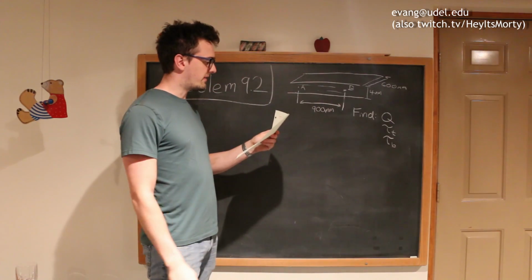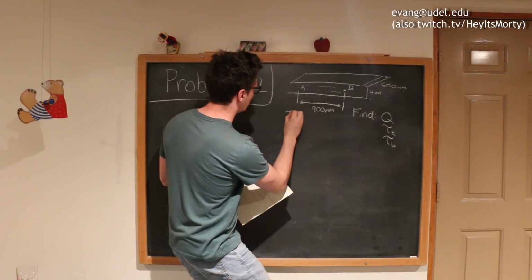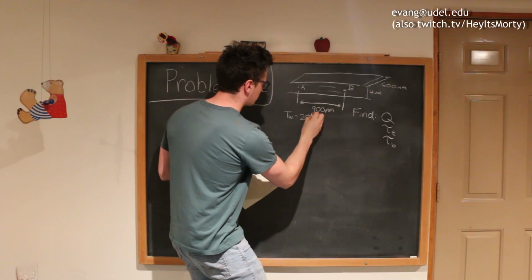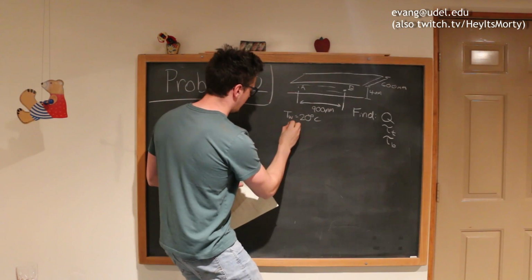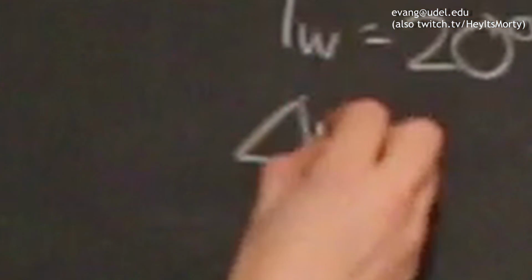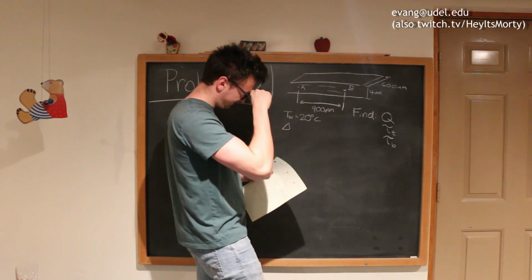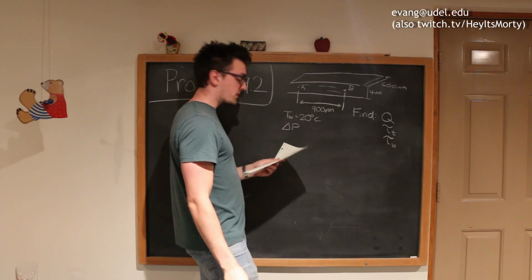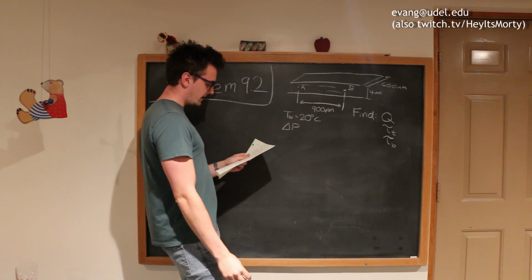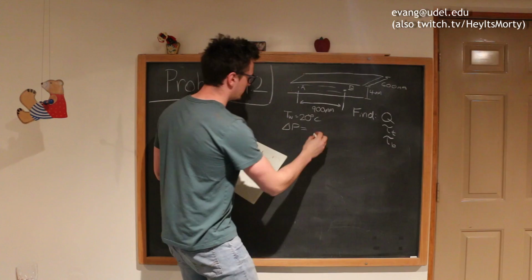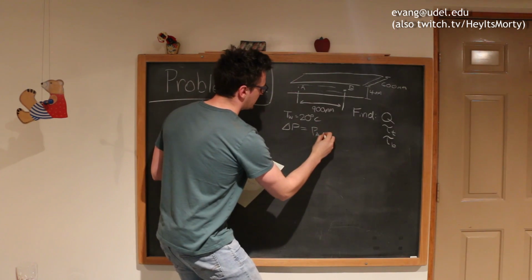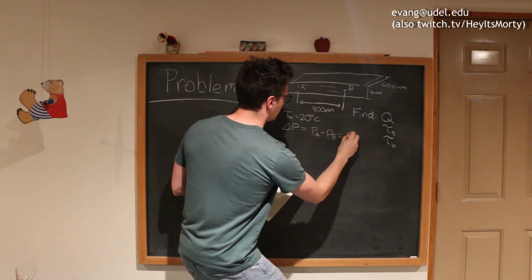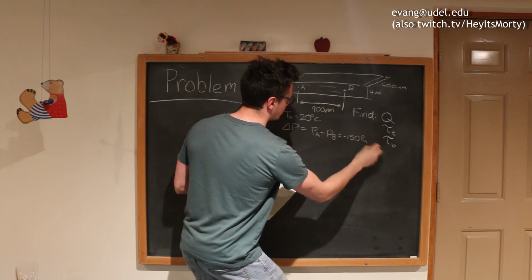Oh wait, sorry, one last important thing I forgot to mention. We're given that the temperature of the water is 20 degrees Celsius, and we're told that the pressure differential between A and B, delta P, is minus 150 pascals.